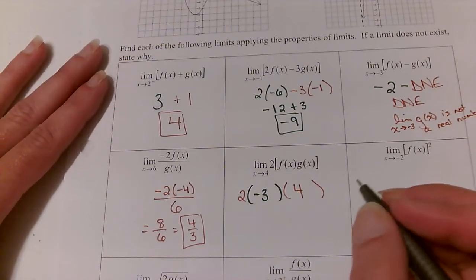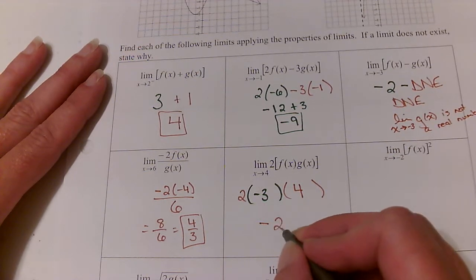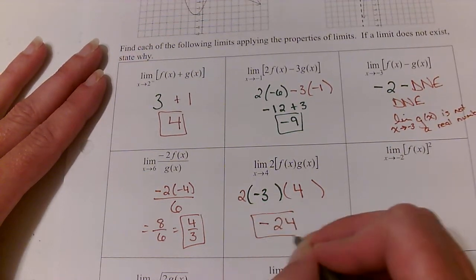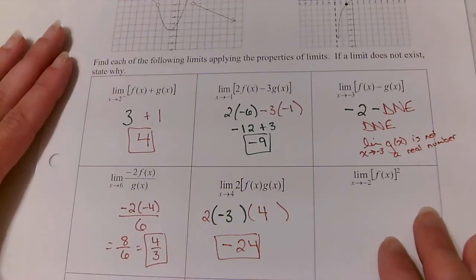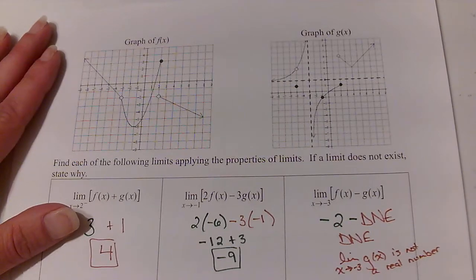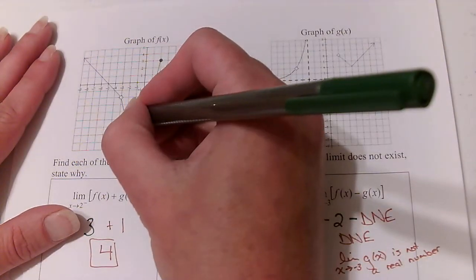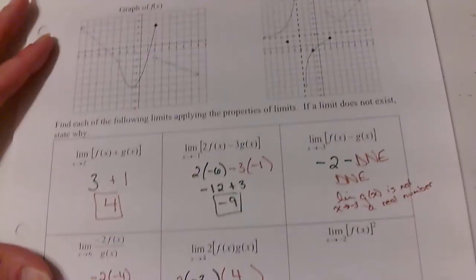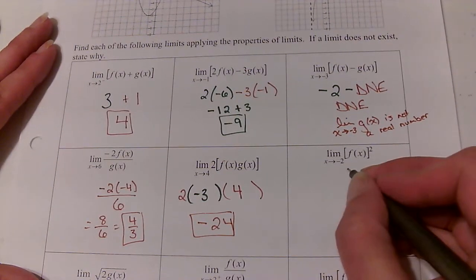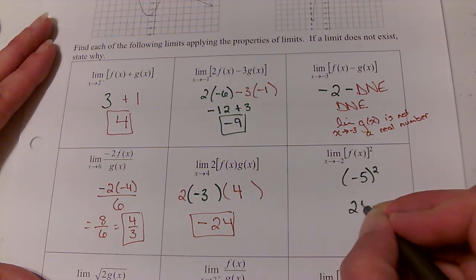And so we're just going to multiply it all together: -24. F of x squared at -2. Okay, so -2 gives me a y value of -5. So -5 squared is 25.